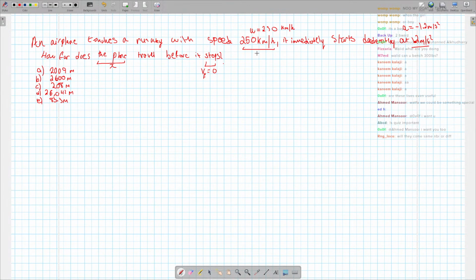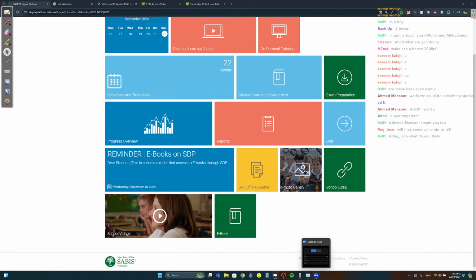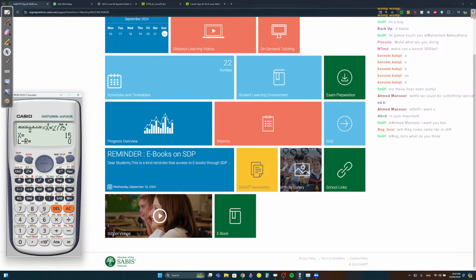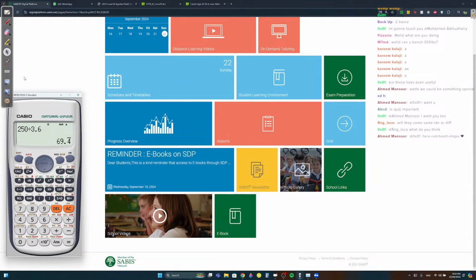Before solving, we have something in kilometers per hour and the other in meters per second squared. Can we solve? No. We have to convert this 250 kilometers per hour to meters per second. How do you do it? You divide by 3.6. 250 divided by 3.6 gives 69.4.